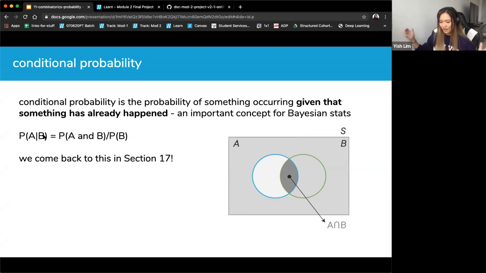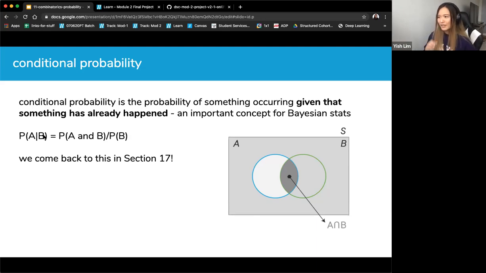The idea of conditional probability is that our sample space has been reduced to only B. That to me is how I understand it. If through your readings you have a different way of interpreting it, that works as well.